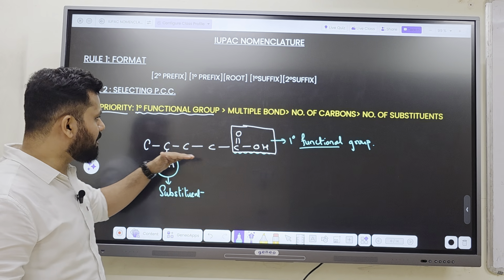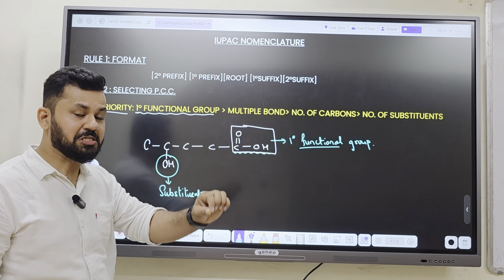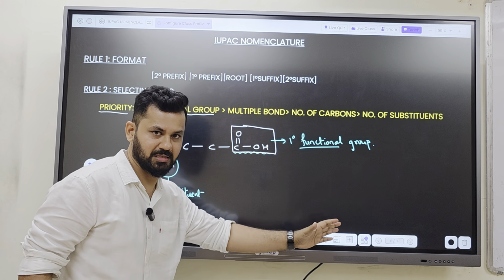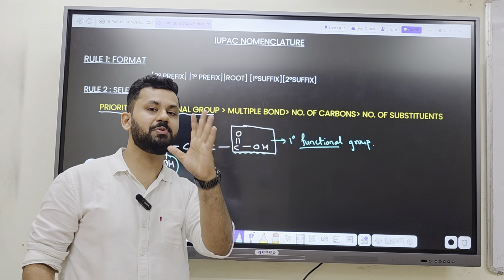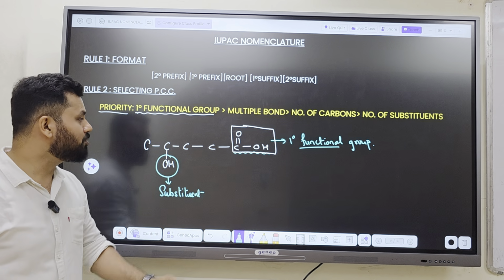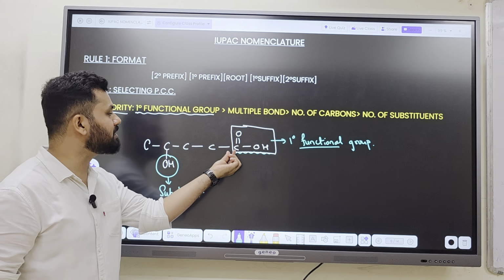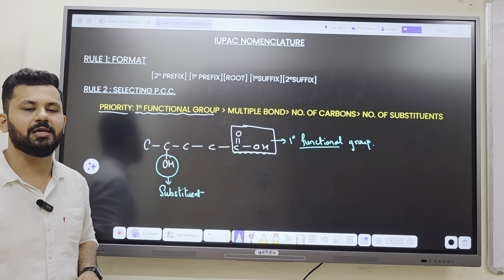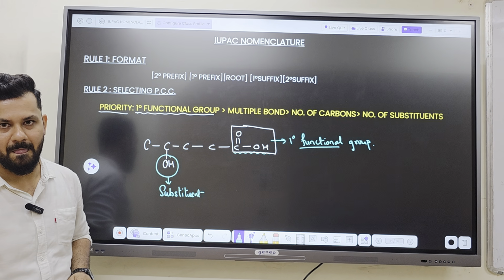So whenever a compound is given, your first job is to see to it that if a functional group is present, then it must be selected in PCC. You cannot leave it out. You cannot leave this carbon of COOH out of your PCC. You must include it in your parent carbon chain.